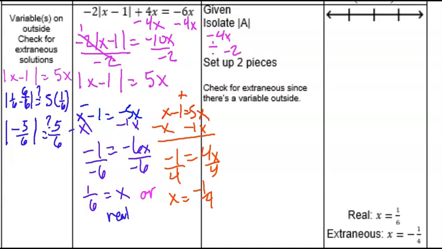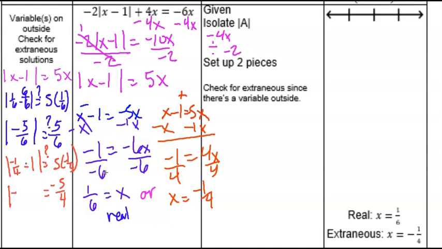Now let's look at -1/4. Absolute value of -1/4 minus 1, is that equal to 5 times -1/4? Okay, so we know that the right side of the equation is going to be -5/4. We know that absolute value can never equal a negative number, so we can stop there.